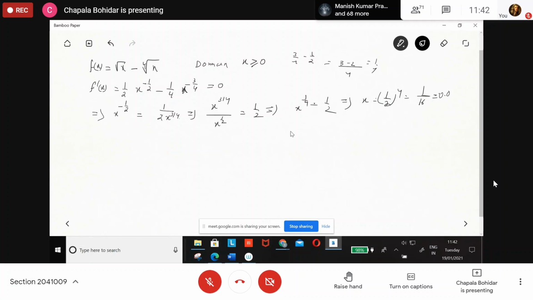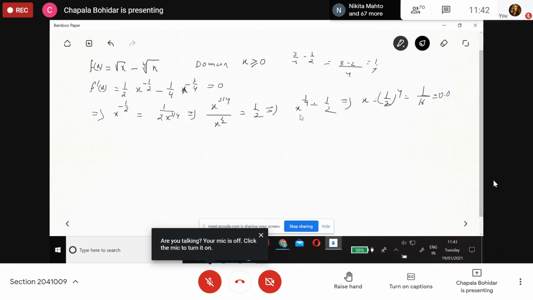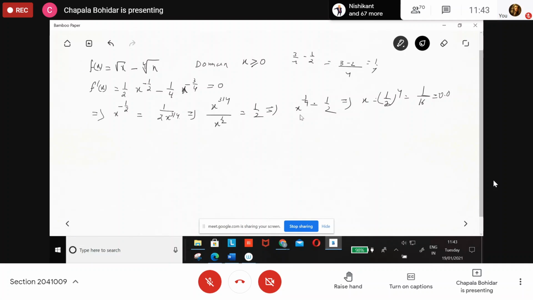If it is written as 2 by x, then you can say that at that time, yes, x is equal to 0 is the critical point. Is there any x in the denominator here? No, ma'am. So how can you say x is equal to 0 is the critical point? Clear? Yes, ma'am. First you simplify, then you find the value of x.